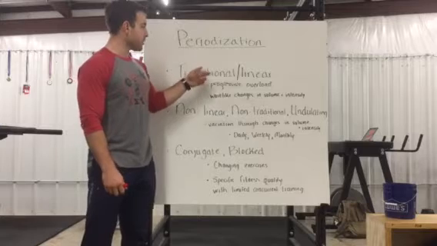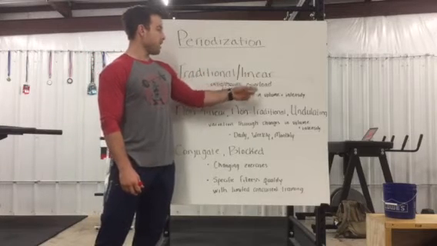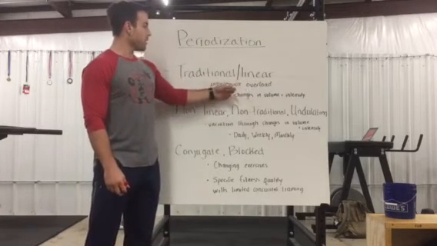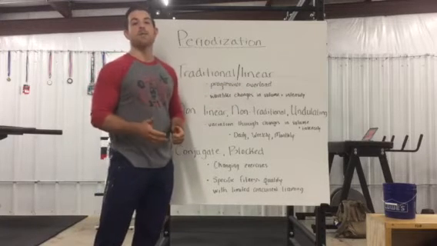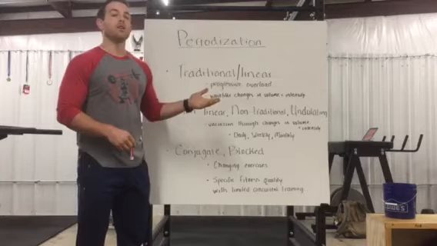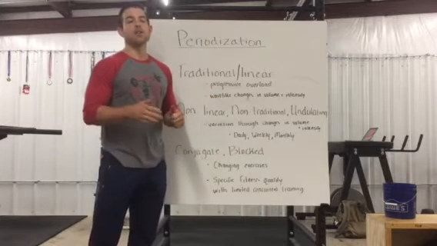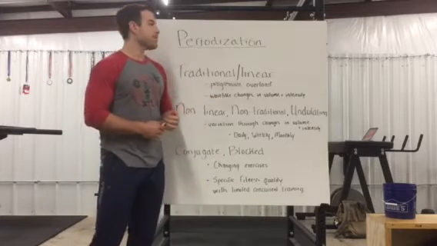Typically with traditional or linear periodization, linear is very synonymous to progressive overload, meaning you're just going to try to add 5 pounds, do more volume than you did last block. Things are just going to get progressively harder.